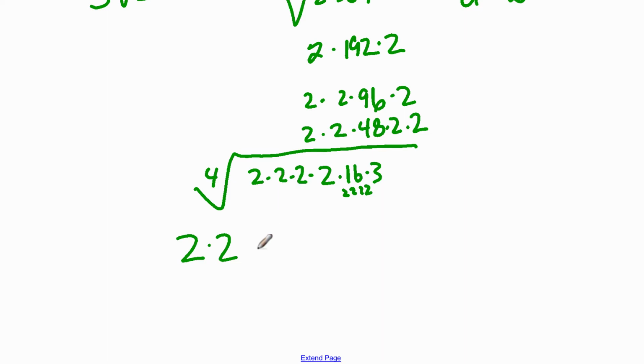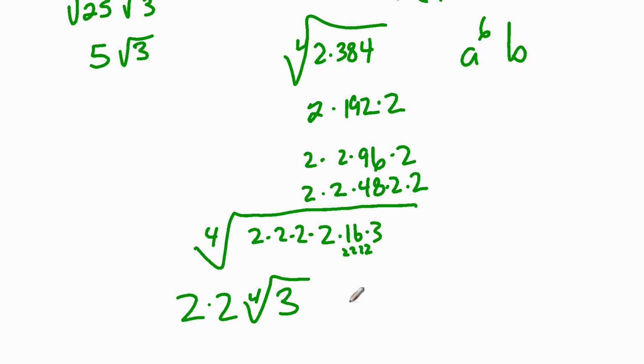So let's see, I bring 1 2, there's another 2 out, and then it'll still be the 4th root of 3 inside. Is that right? That seems odd to me. Something's funny. Anyway, and I have an a to the 6th b. So that would be 4, then the 4th root of 3 times a to the 6th b.